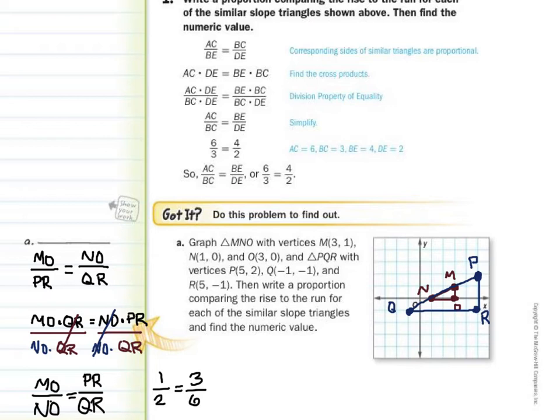So now, what we can conclude is that MO over NO equals PR over QR, or 1/2 is equal to 3/6. And if we're just looking for the numeric value, we can just pretty much write 1/2.